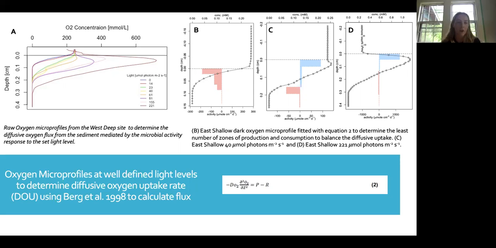And then the depth of the oxygen zone also increases as it is diffusing both up, out of the sediment, and also down into it.